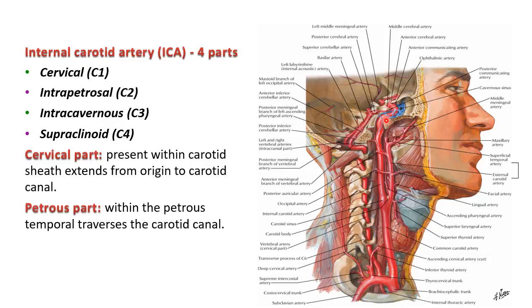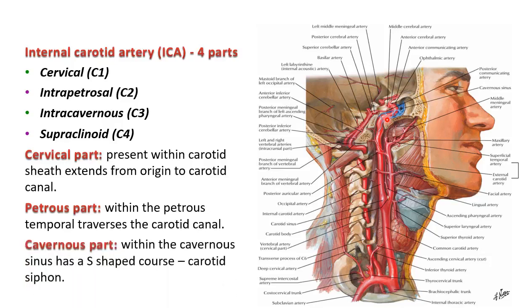Then immediately it runs in the cavernous sinus, from the posterior to the anterior end of the cavernous sinus. Here it is separated from the venous blood only by the endothelial lining.